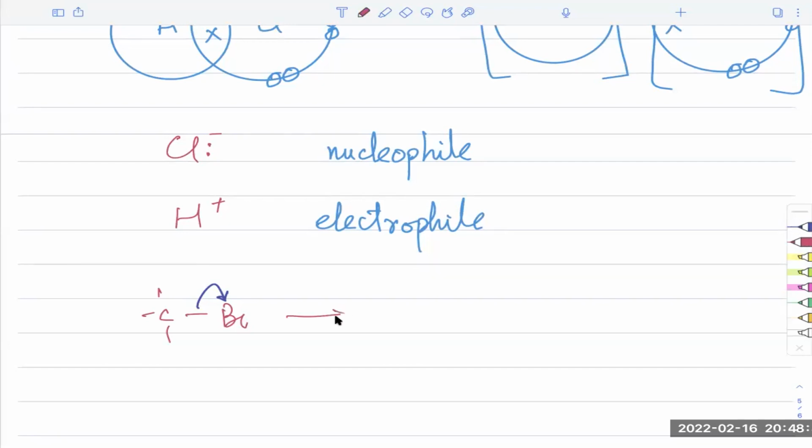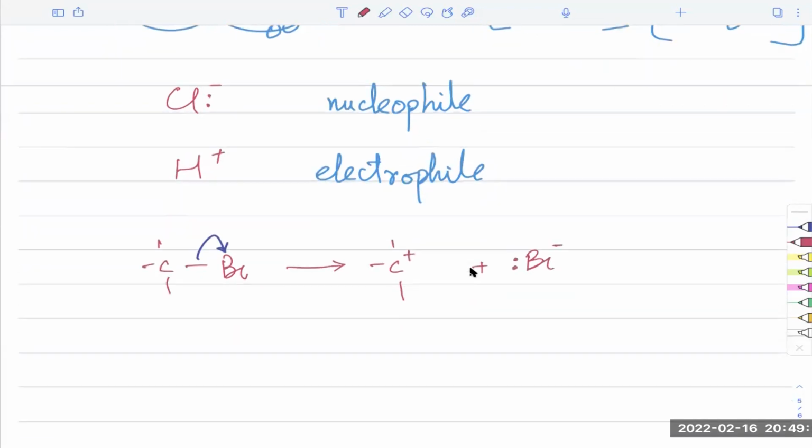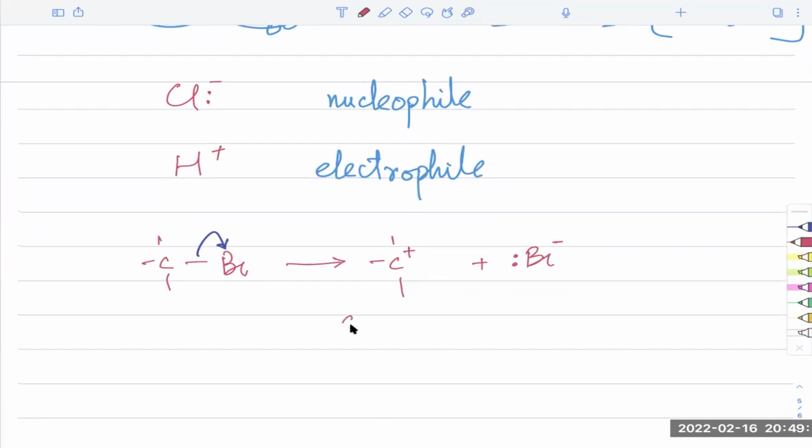I will end up with methyl, but now it is not a methyl radical. It is a methyl electrophile. There's a positive charge on the carbon. And there will be bromide, which just got 2 electrons, and it's a nucleophile. Now, this thing is what we call a carbocation. All right. So that's a carbocation.